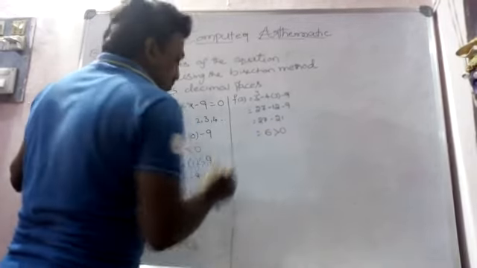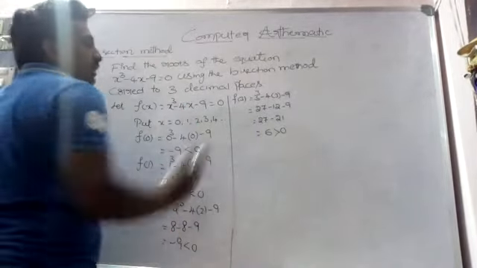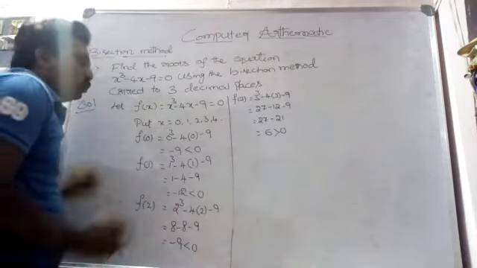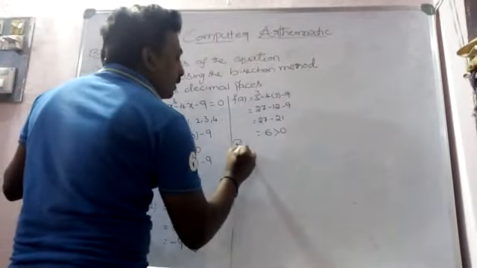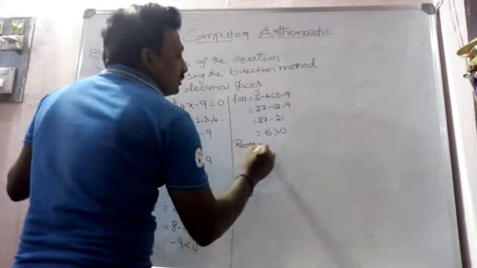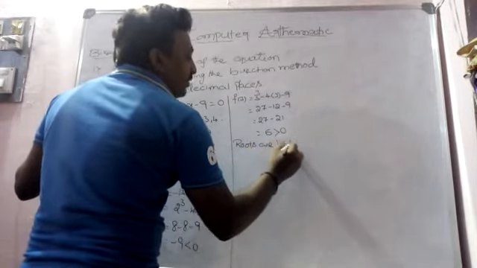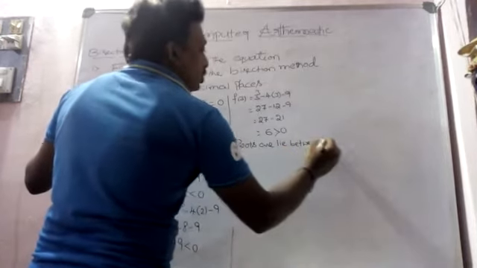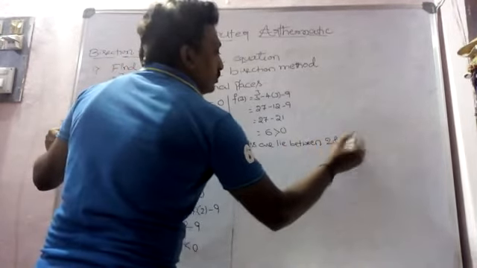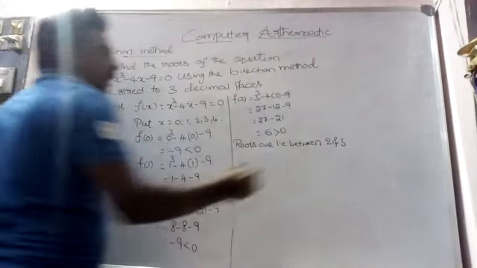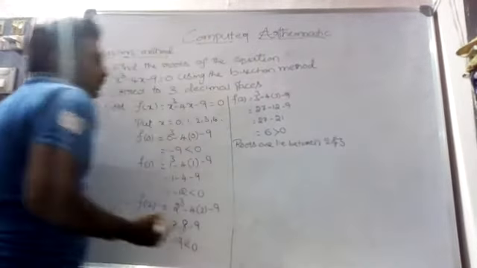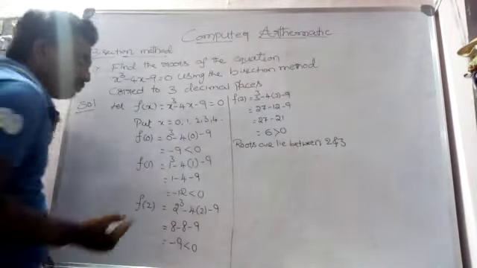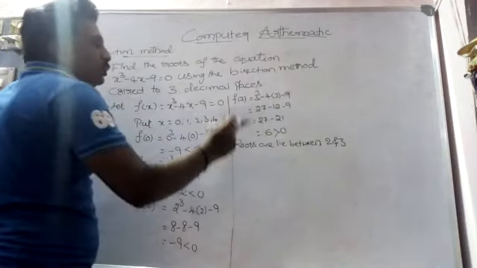It is greater than 0. f of 2 is less than 0 and f of 3 is greater than 0. So the root lies between 2 and 3. Observe this, friends: the root lies between 2 and 3.